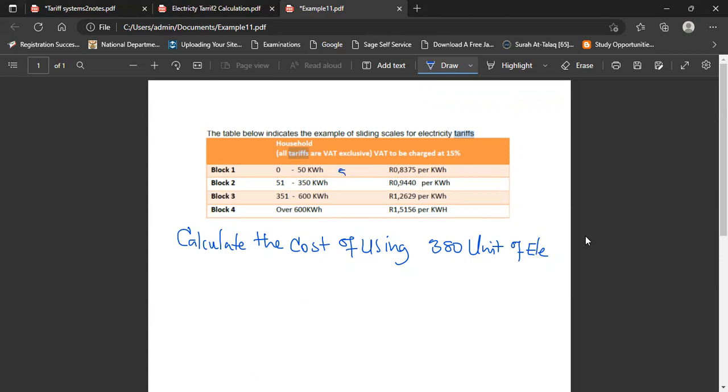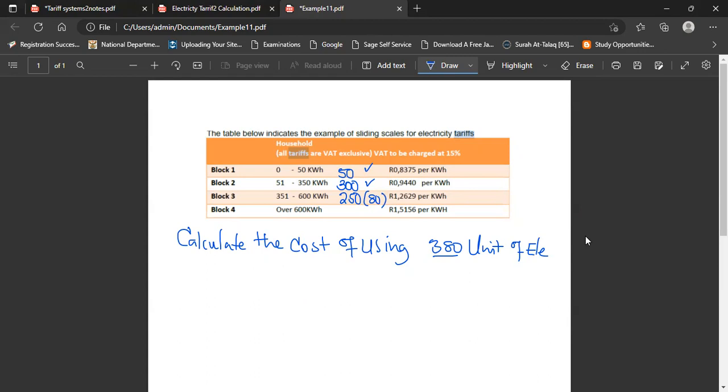This has 50 units. Then here we said it has 300. This is 250. So 380 has exceeded 350 by 30. Simply meaning you've used the 50, you've used the 300. What's remaining to make it 380? It's the 30. So the 30 will belong to this bracket here.